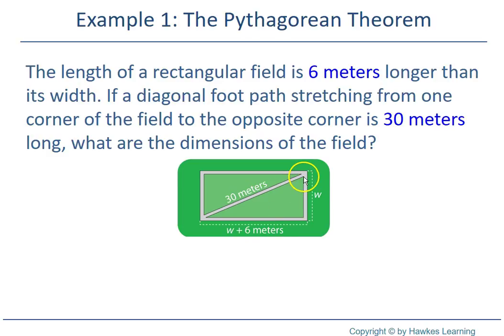Now they're telling you that a diagonal, which is this line here, stretches from one corner of the field to the opposite corner. So this is your hypotenuse. This is your C. So A, B, C. A squared plus B squared equals C squared.